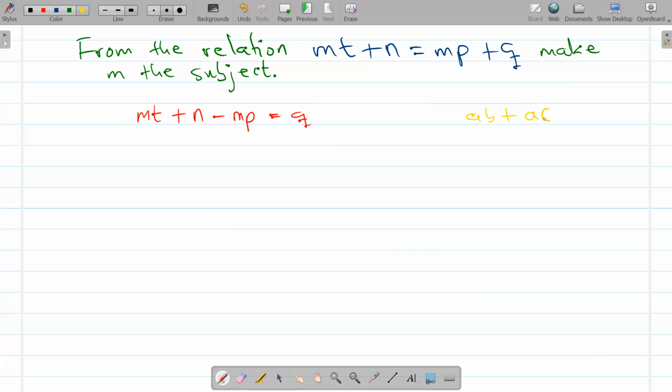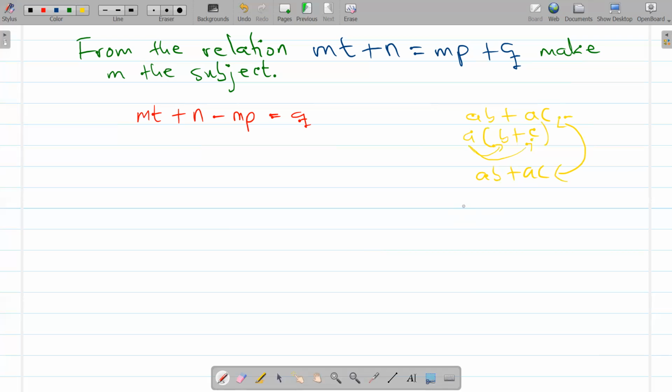A is common to both, right? So A will stand out, then you open a bracket, B plus C. If you want to go back to this, you have to expand. It will be A times B and A times C, then you get the original thing back.